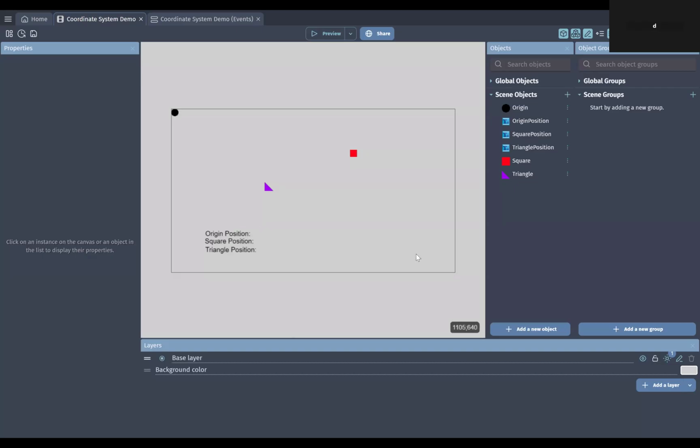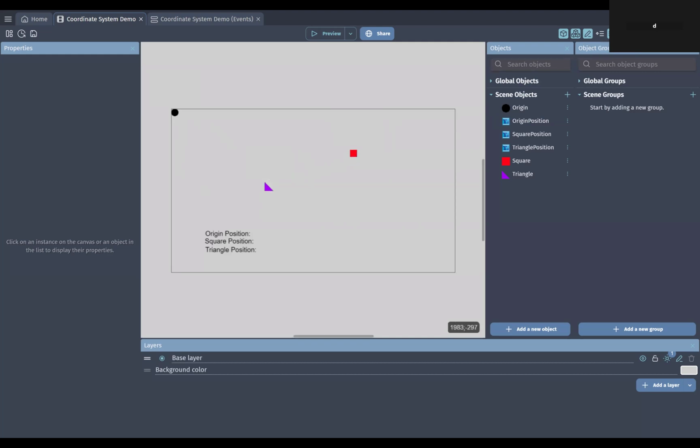So this is just a quick example I put together, where I have a basic screen with a circle that represents the origin, and then two objects on the screen, a triangle and a square.